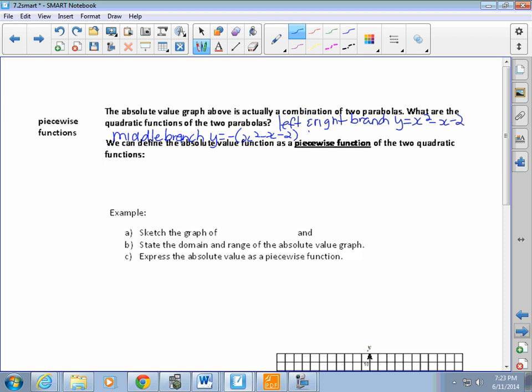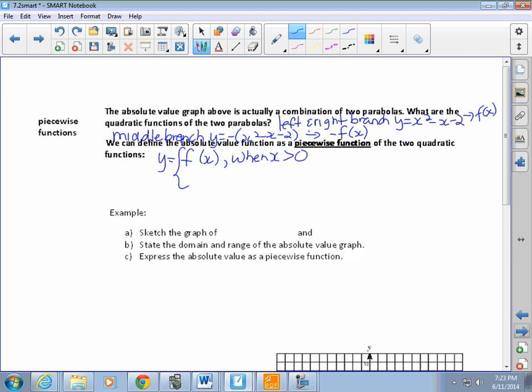So another way to say this is if this is the graph of the function of x, then this would be the graph of the negative function of x. So it says we can define the absolute value function as a piecewise function of two quadratics. So the first one is y is equal to f of x, and that's when x was greater than 0.